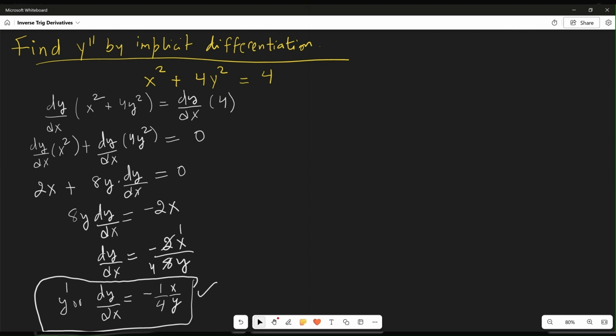Okay, we have this y prime, right? You have to take the second derivative of this y prime, not the original equation. So we take the second derivative of the solution we got for the first derivative.